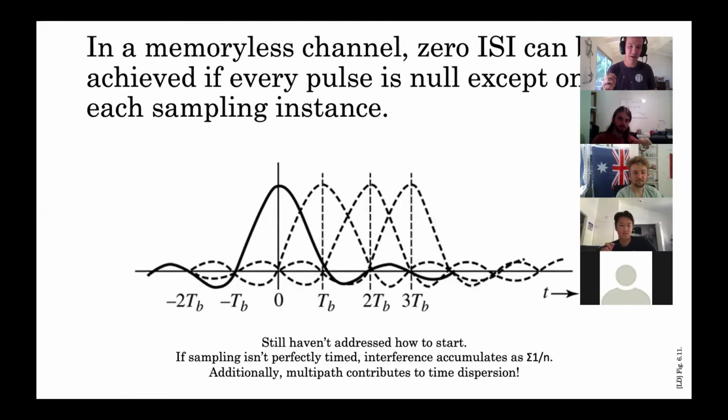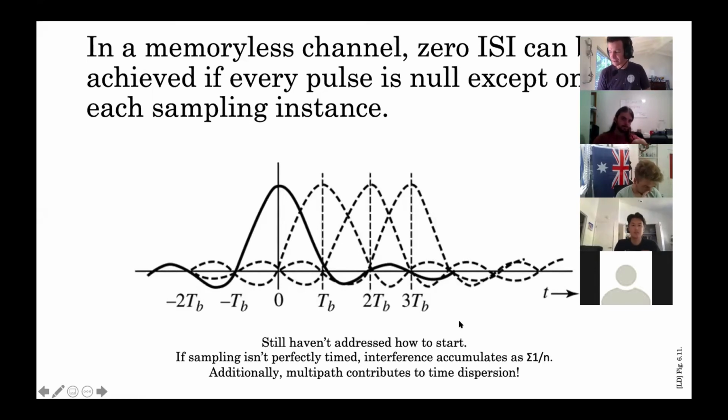So I want to point out that if we try and do rectangular in the frequency domain and we get sinc in the time domain, this is maybe not as bad as you might think, because these sincs have regular nulls, right?